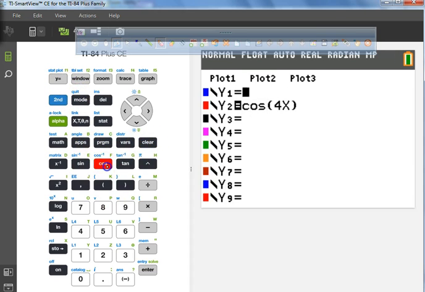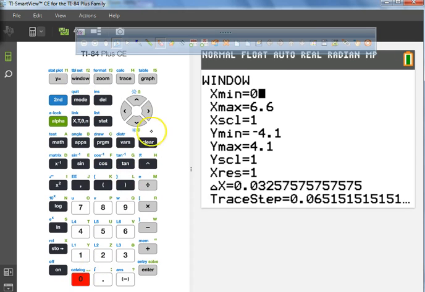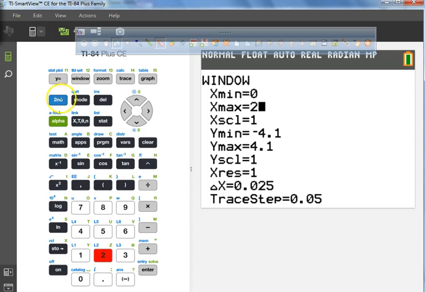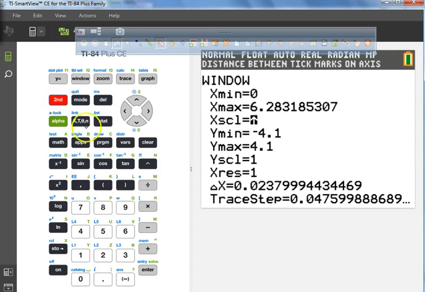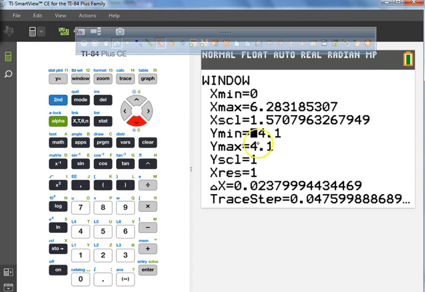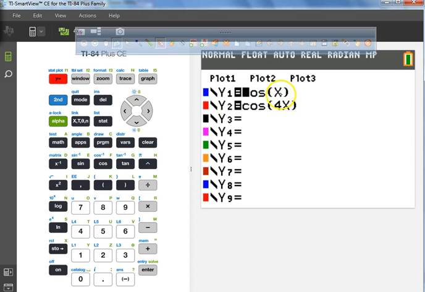Go to the window button. We're just going to start at 0 and go to 2 pi. We're going to set the x scale at pi divided by 2. We're going to set the y minimum at negative 1 and the y maximum at positive 1, because I want you to see the difference between the cosine of x and the cosine of 4x.